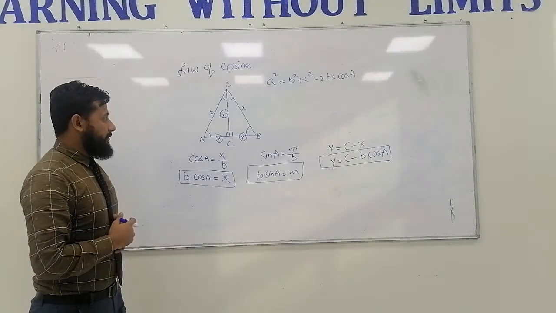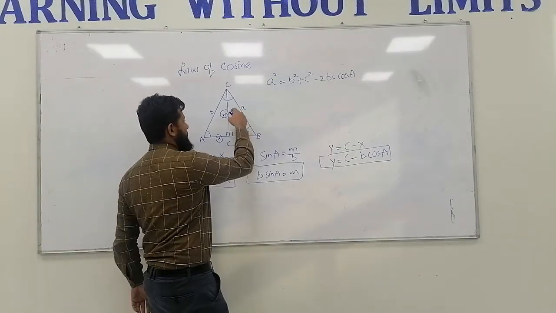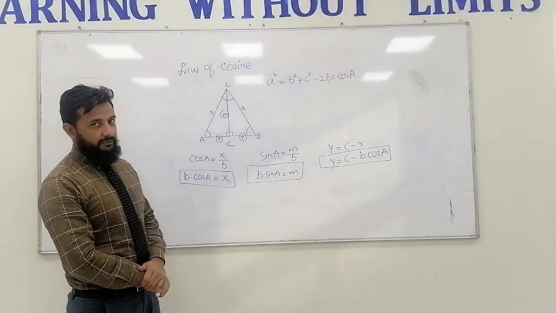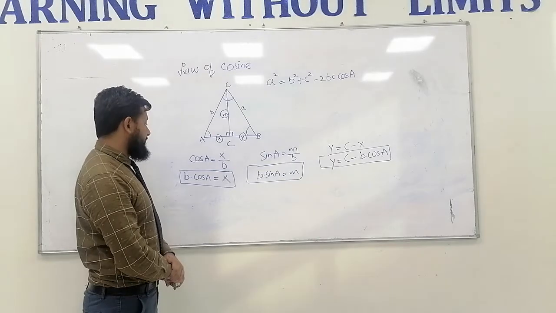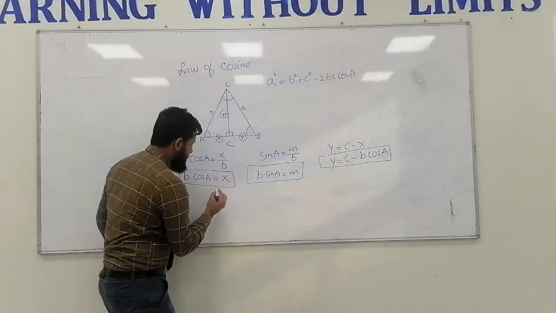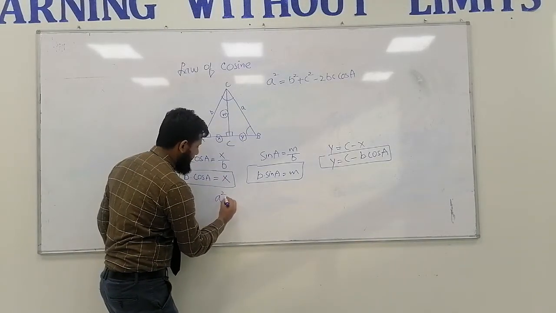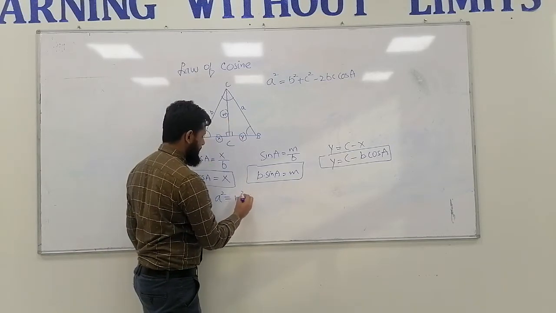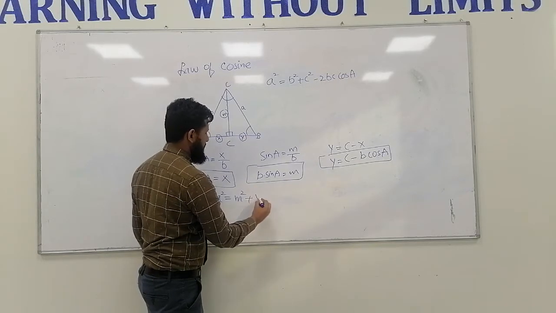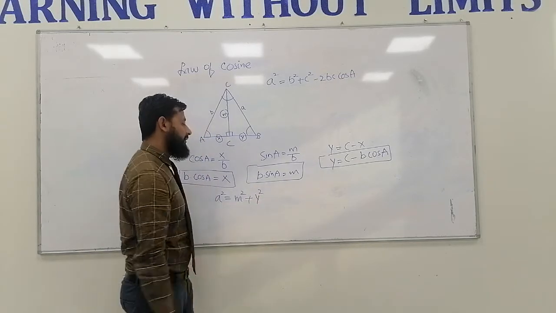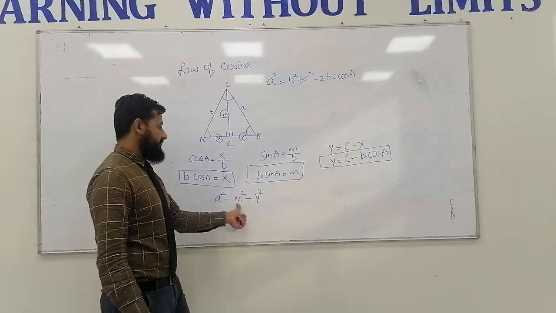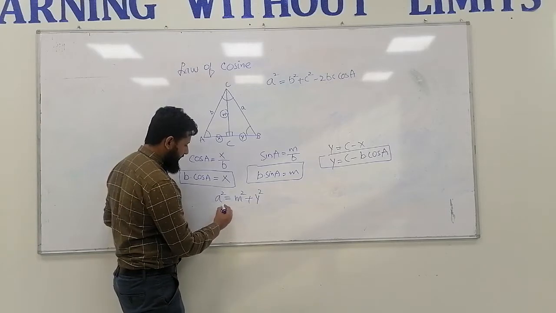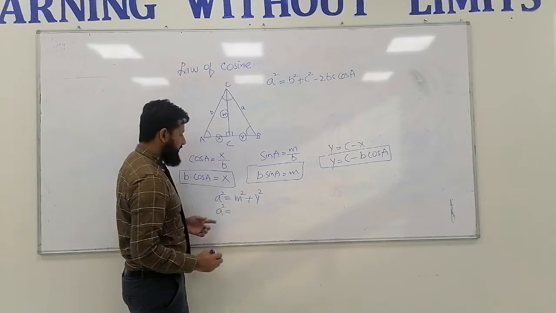Now, let me consider this triangle. It is a right angle triangle, so I can easily use the Pythagorean theorem, which tells me that a squared is equal to the measurement of this side, which is M squared plus Y squared, right? Now, all I need to do is replace M and Y with the forms that we already derived.